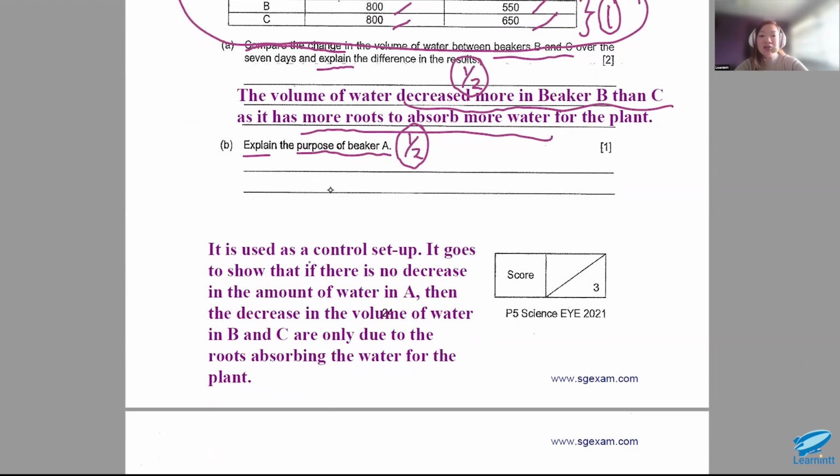The control setup goes to show that if there is no decrease in the amount of water in A, then the decrease in the volume of water in B and C is only due to the roots absorbing the water for the plant. So half mark over here, and half mark over here. The phrasing is important. Total 1 mark.